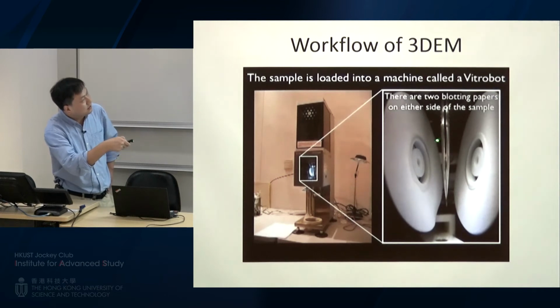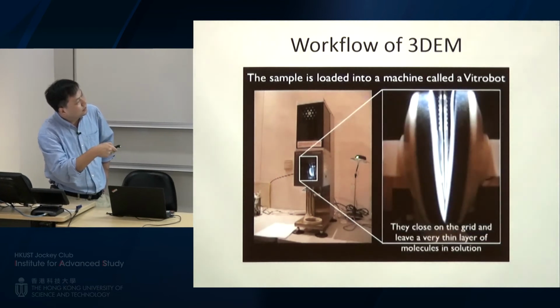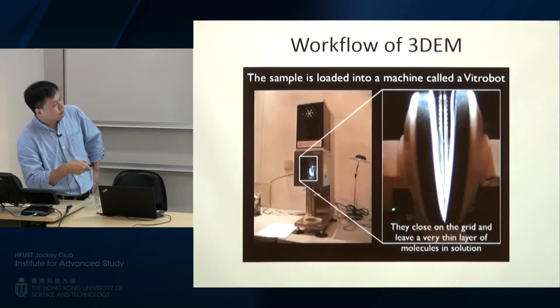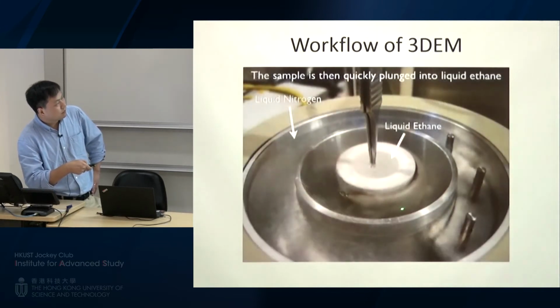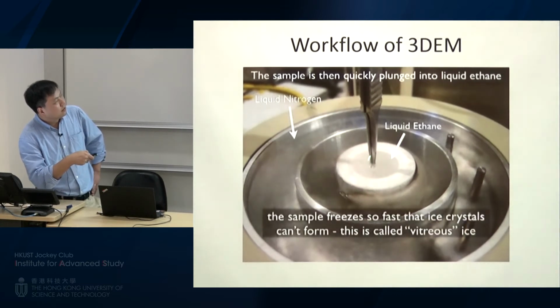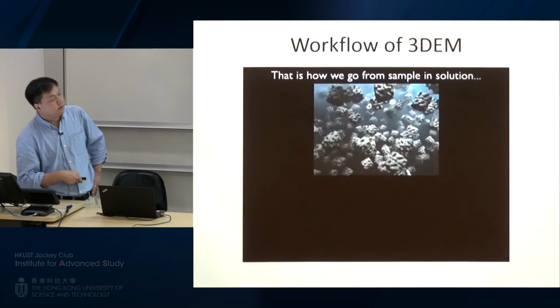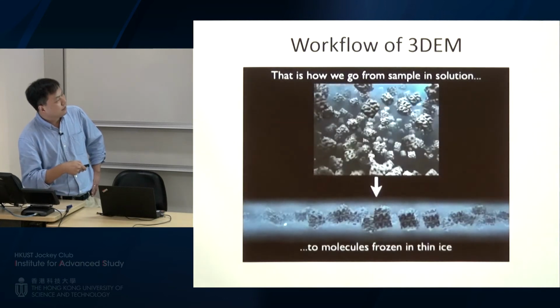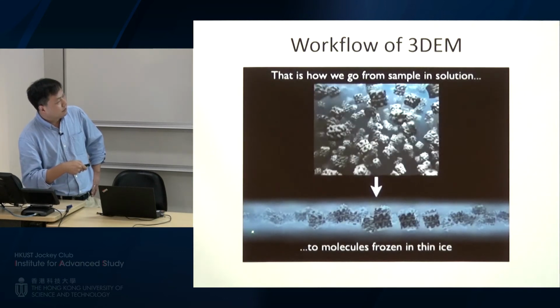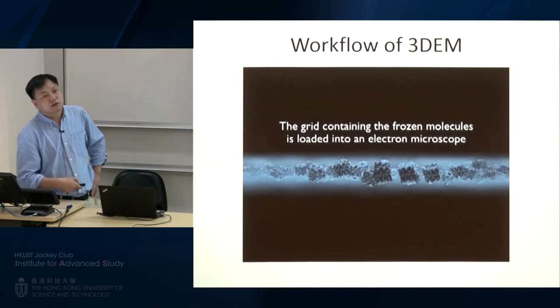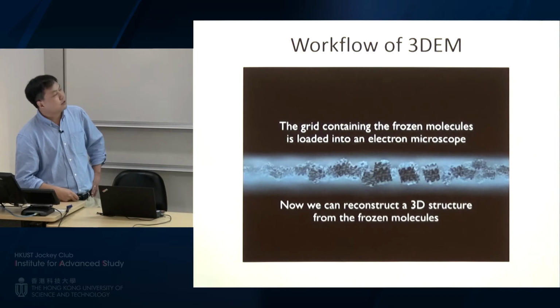As you can see here, we only use a very tiny volume. The grid with a very thin layer of liquid will be quickly frozen. And during data collection, the grid will be kept at liquid nitrogen temperature.